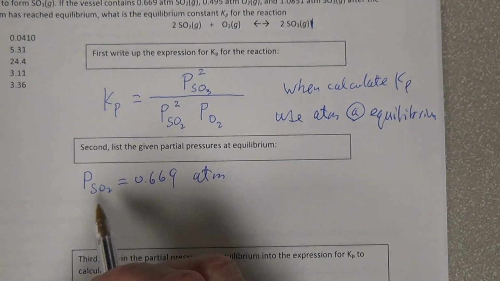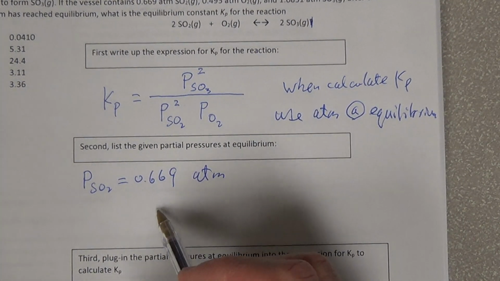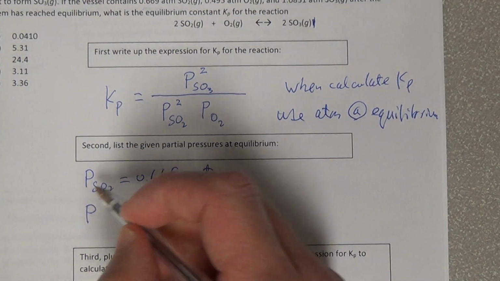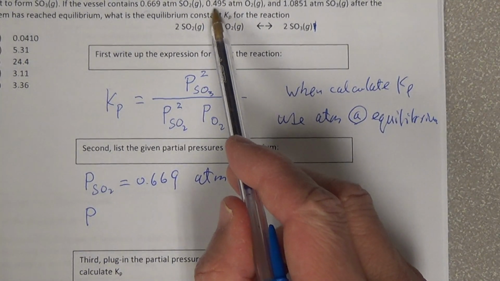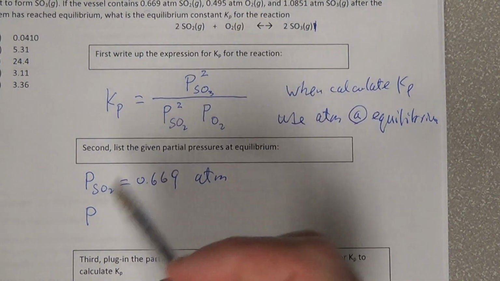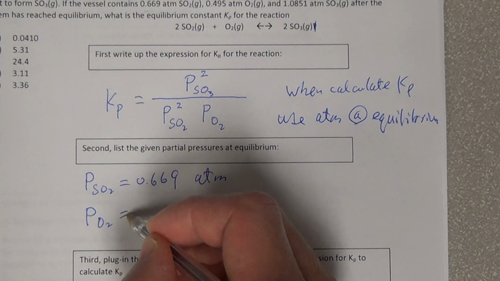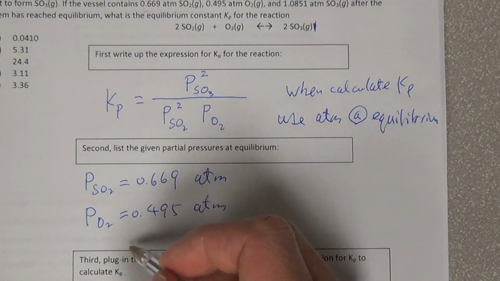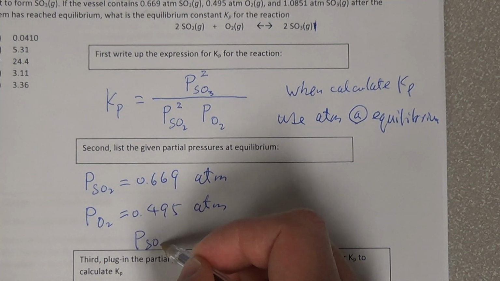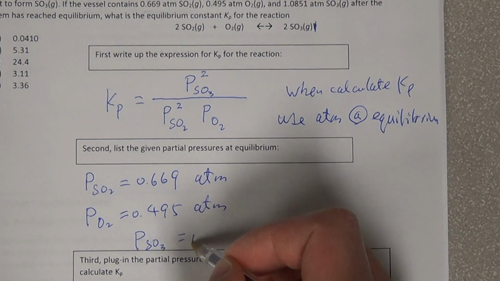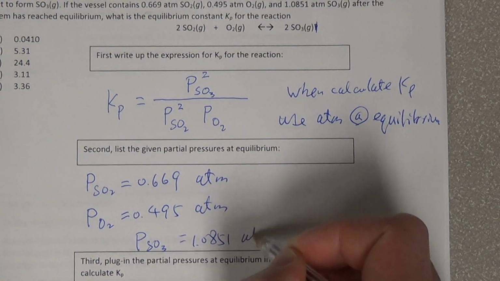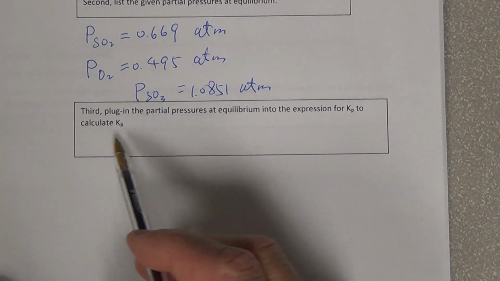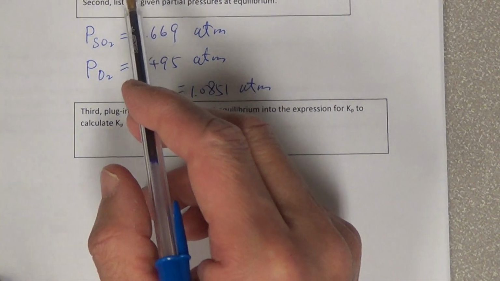So we have the partial pressure of SO2 at equilibrium 0.669. And then the next number 0.495 is O2. So PO2 is 0.495 ATM. Then the last one, PSO3, equals 1.0851 ATM.